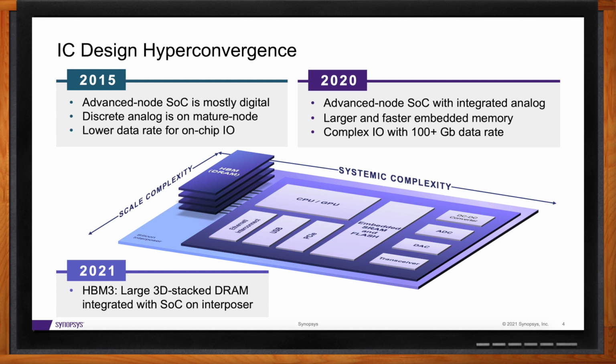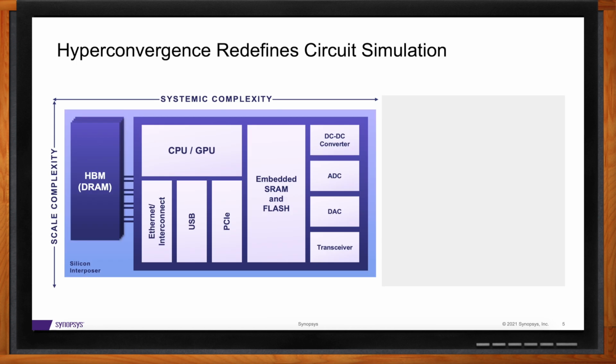Okay, so Hani, when we're talking about hyperconvergence, we also need to talk about circuit simulation, right? How is hyperconvergence changing the circuit simulation landscape? Hyperconvergence is redefining circuit simulation. In the past, integrated circuits had a limited scope, and it was possible to use different simulators for different types of design.